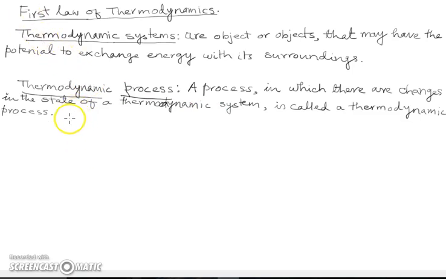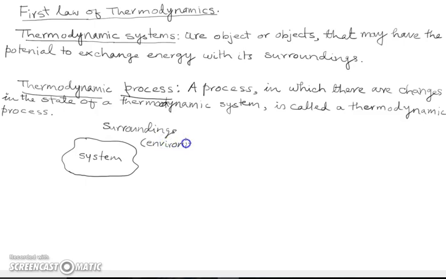So let's talk about a system. Let's say a system could be a container containing gas. Let's say this is my system, and anything outside the system is called surroundings, or we also call it environment, right?